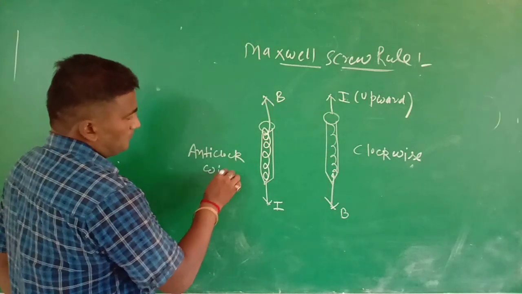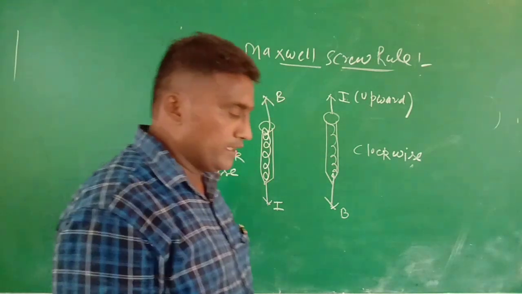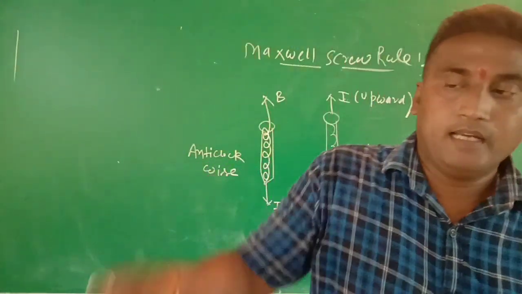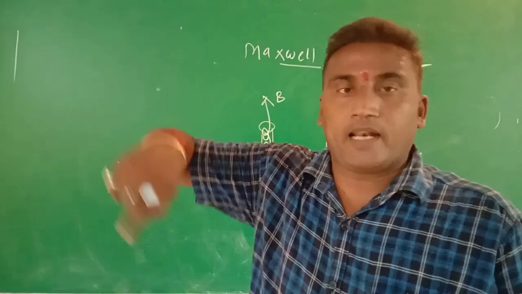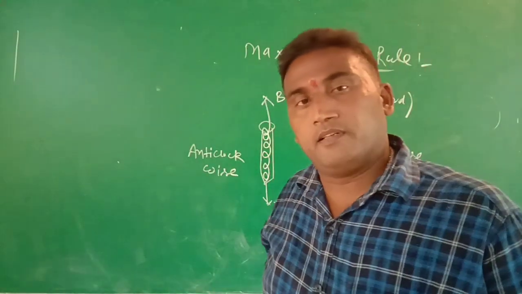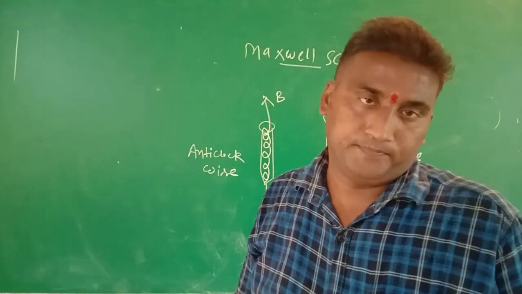Anti-clockwise. When any screw is opened with the help of a screwdriver, the direction of the magnetic field is going upward because the spiral structure is going in the upward direction, and the direction of current will be downward.